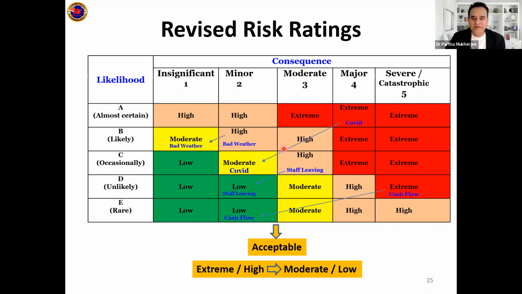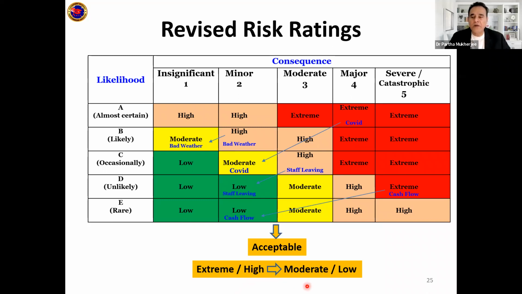So the pumping system has reduced the risk from high to moderate, because now the impact becomes insignificant, from minor to insignificant, on my project, I can continue. So you can see all of them are coming from top to bottom, like some from extreme, the cash flow has become low.